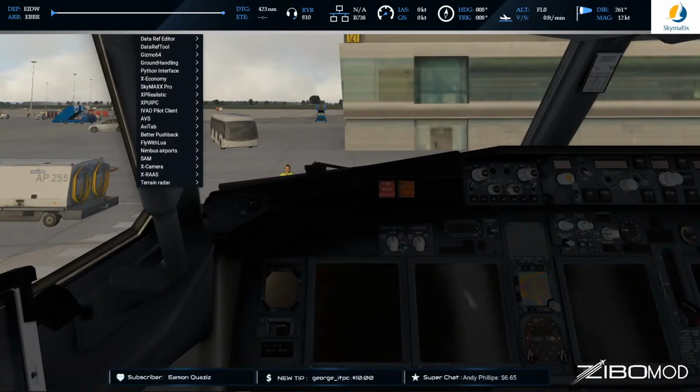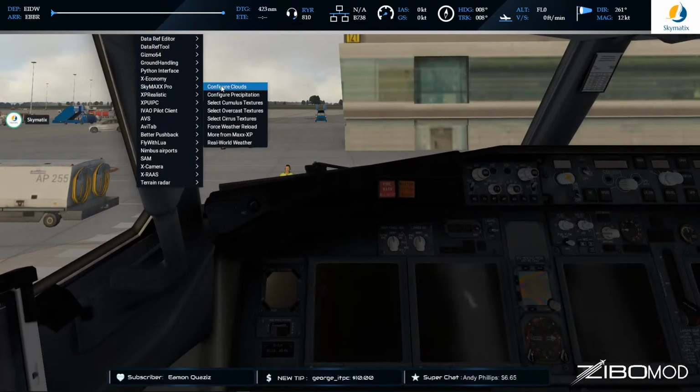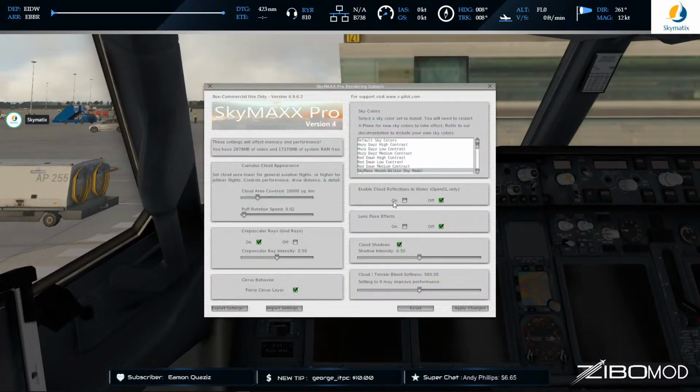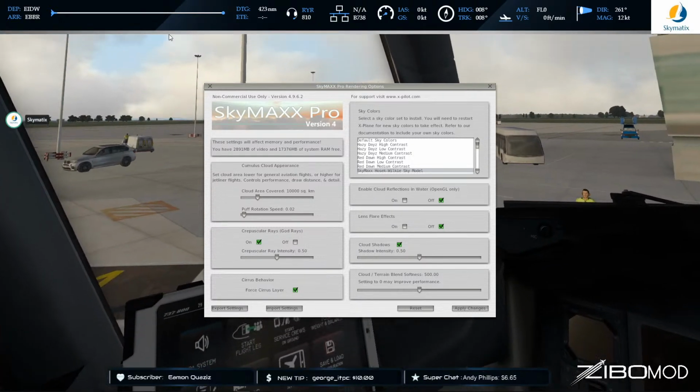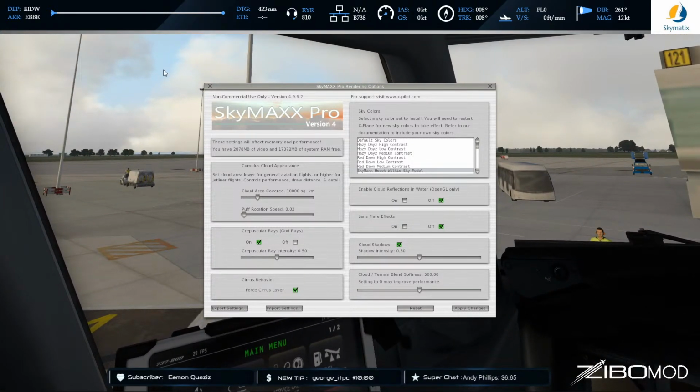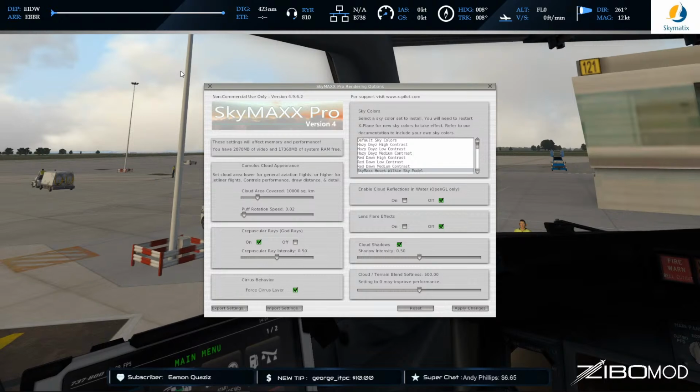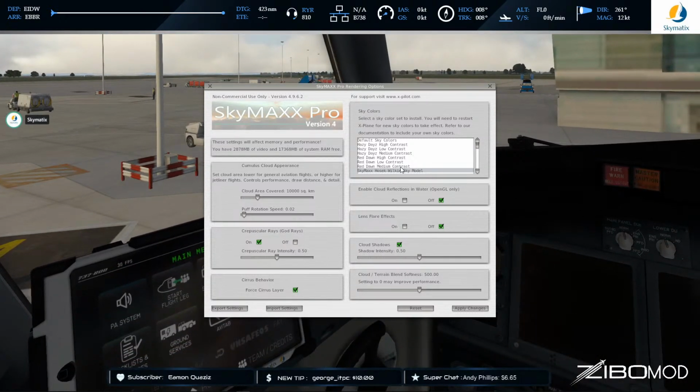Now, in order for SkyMax Pro to work again, we have to configure everything. I suppose we have to click on apply changes. I'm not sure if I'm going to have to reinstall this or whether it will simply overwrite the textures in the cloud. That's something I don't know. So that still looks like Active Sky clouds. Maybe let's do it this way.